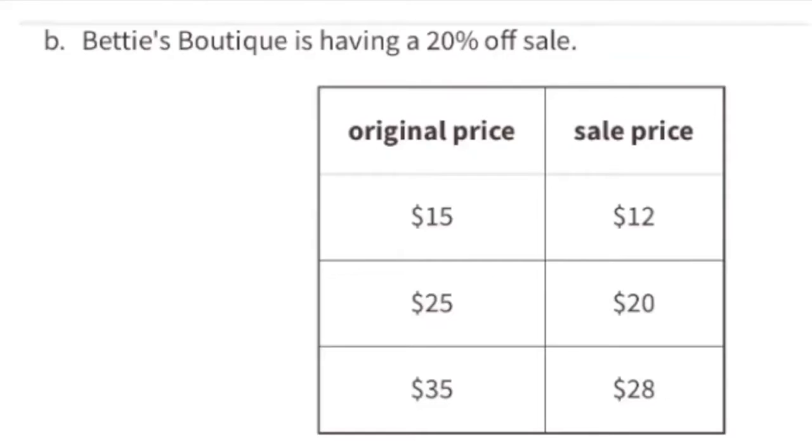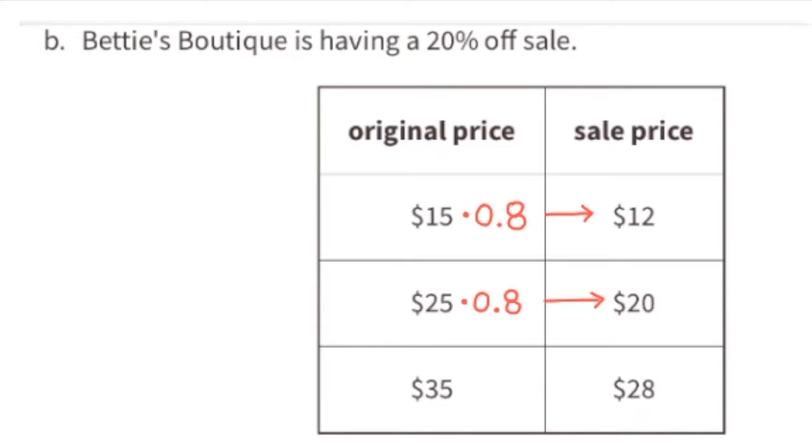Table B. Betty's Boutique is having a 20% off sale. The original price, $15, is 0.8 times larger than the sale price, $12. And the original price, $25, is 0.8 times larger than the sale price, $20.